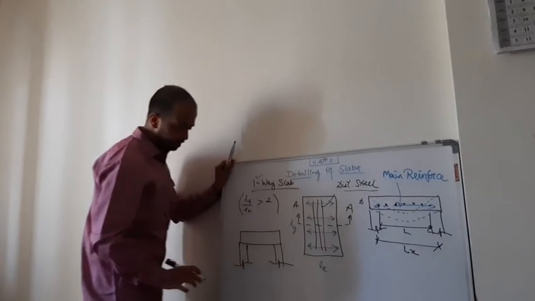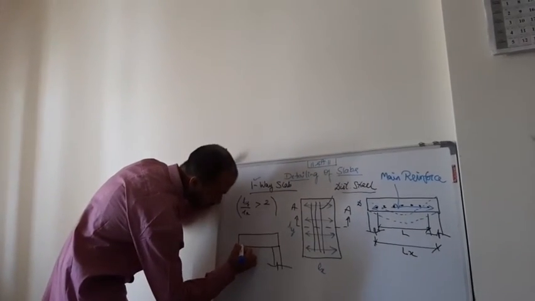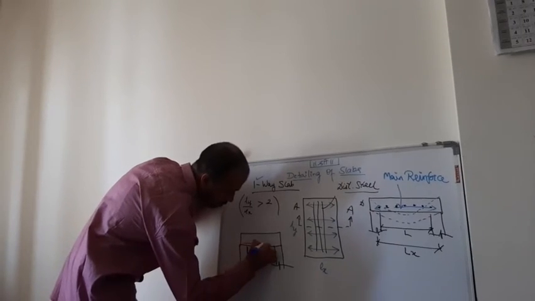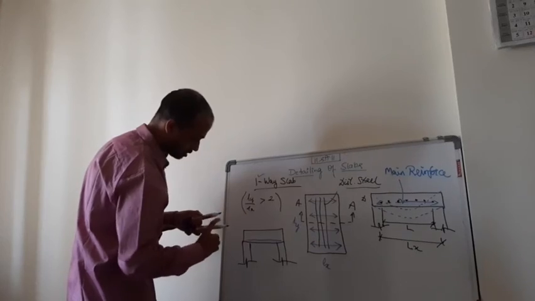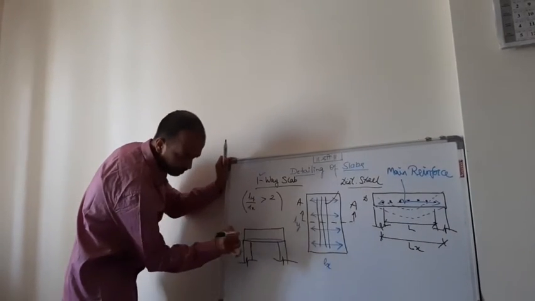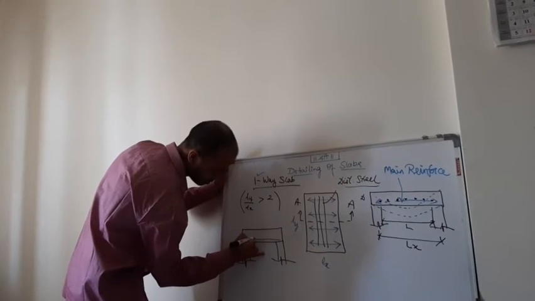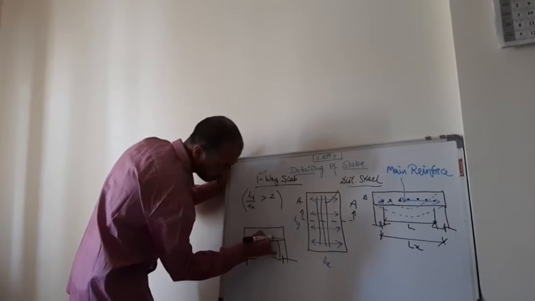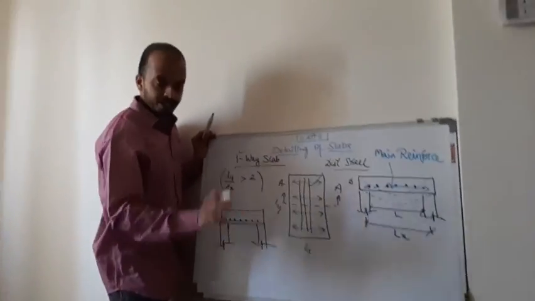This is a simple support slab. Now in this direction the load transfer takes place. So this is the main steel and the distribution steel will be running perpendicular to the main steel. So it will be like this, the dotted fashion. I hope it is clear.